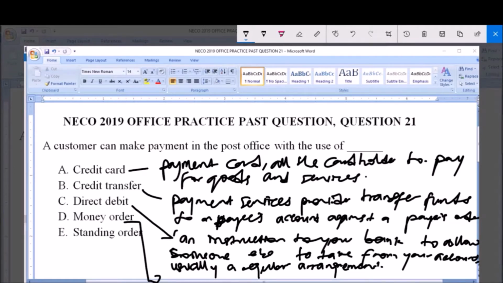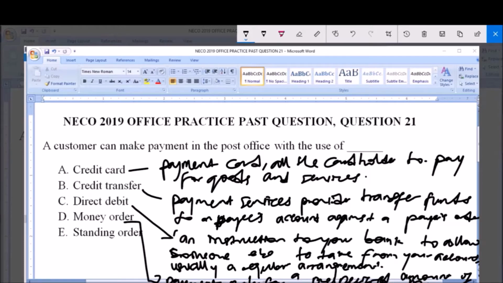That is, a money order is a financial instrument allowing the individual named on the order to receive a specified amount of cash on demand.